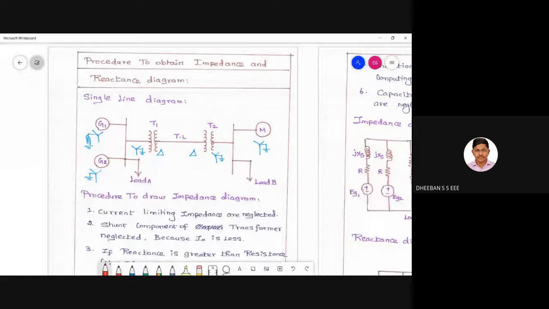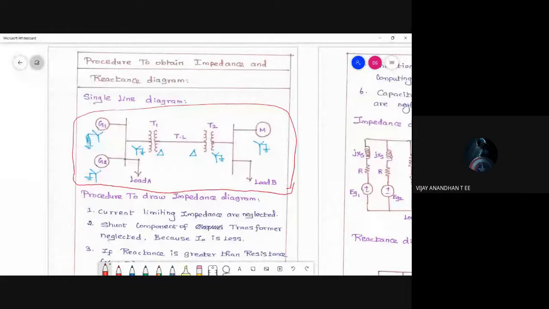Can anybody say, based upon this single line diagram, how many generator sections and how many loads are there in this system?